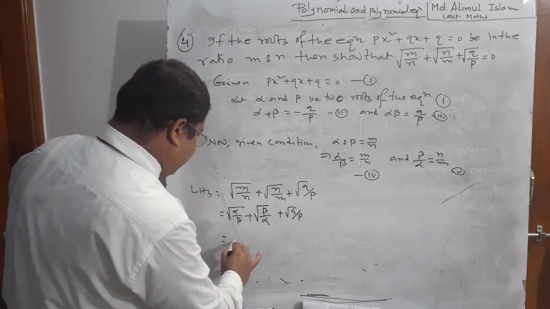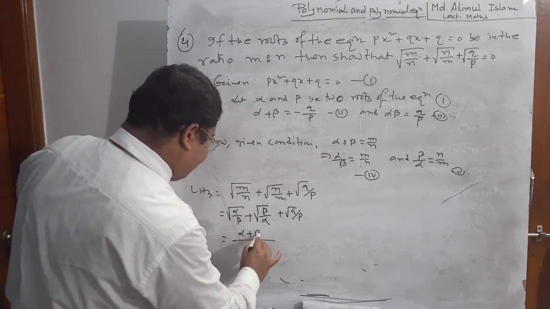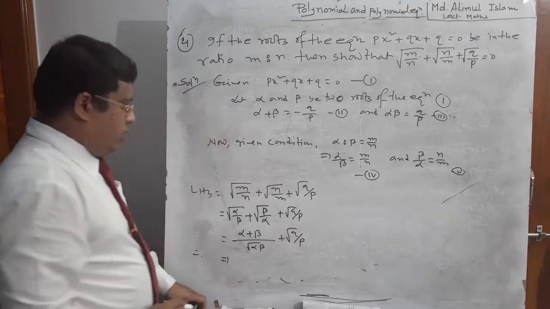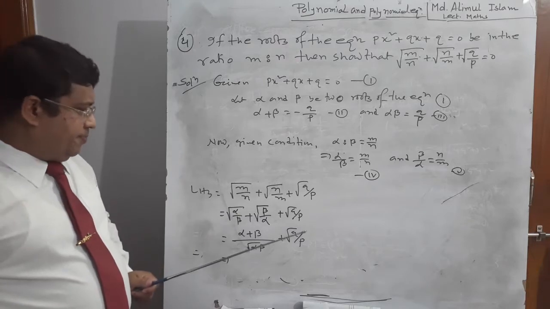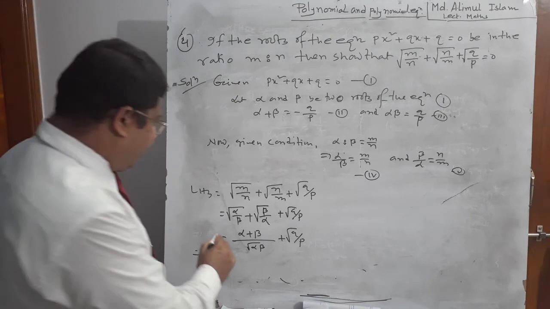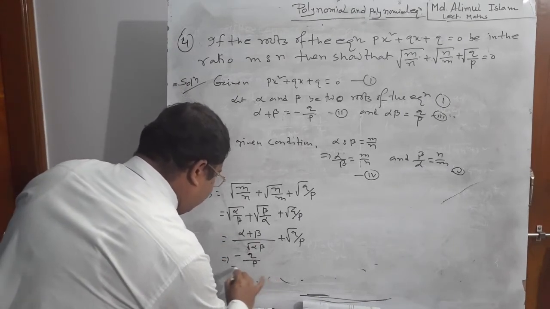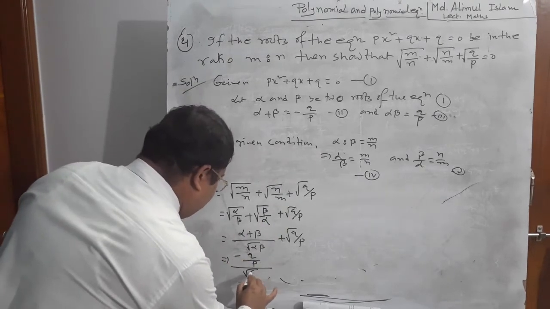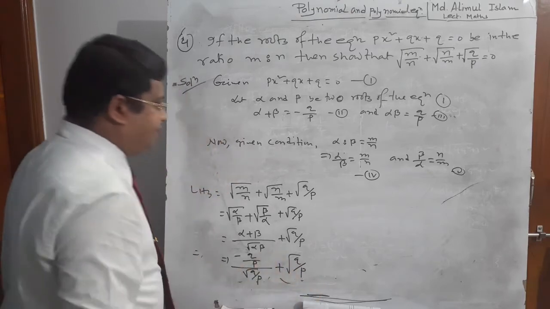Then you do the same, alpha plus beta over alpha beta plus root over q by p. Here alpha plus beta value is minus q by p, and alpha beta is q by p. You write in here alpha plus beta minus q by p, putting in here another is q by p, root over minus q by p over q by p plus root over q by p.